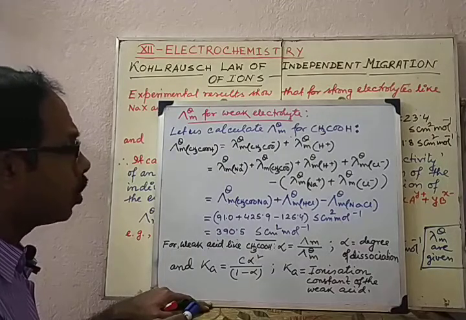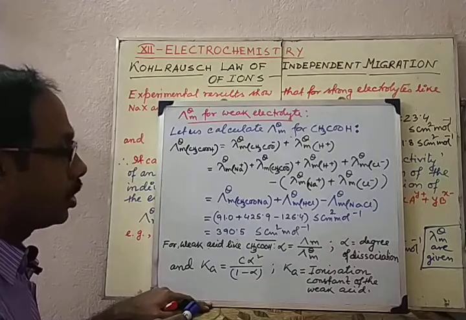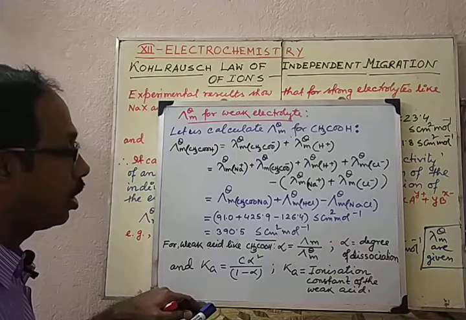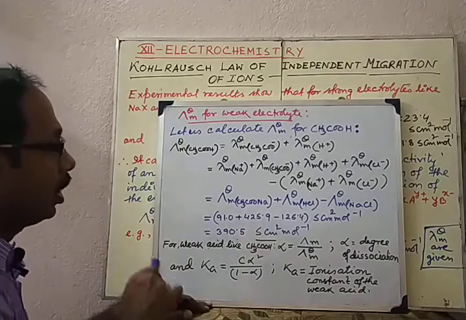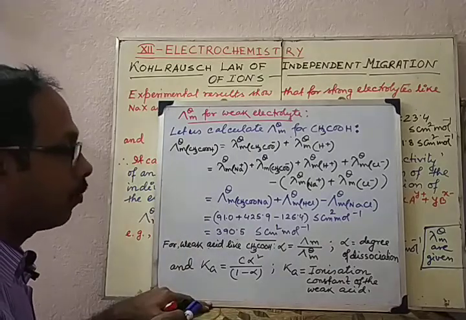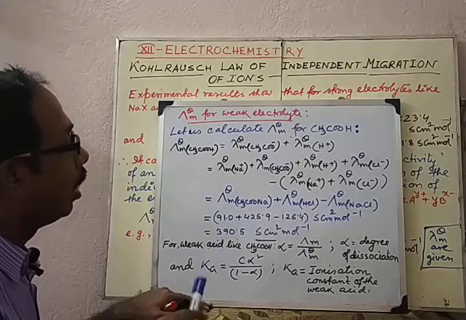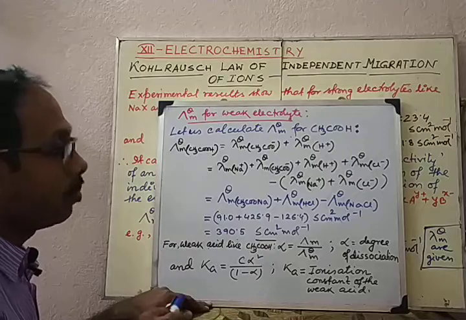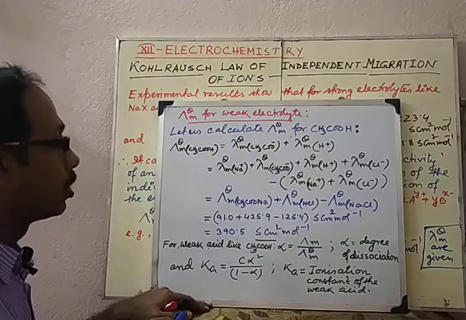So conductivity increases as the dilution increases, that means concentration decreases, limiting molar conductivity increases. So at infinite dilution, we can consider that for a weak electrolyte, the maximum ionization has taken place.